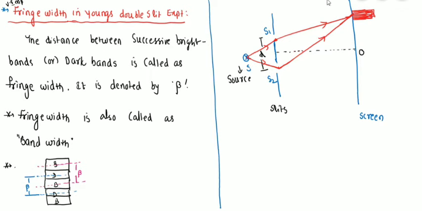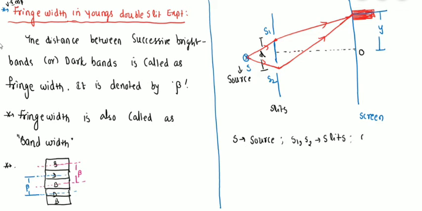The distance of this band from the center of the screen we can take as y. Okay, and now we write some terms here. What is S? S is the source, and S1, S2 are the slits.